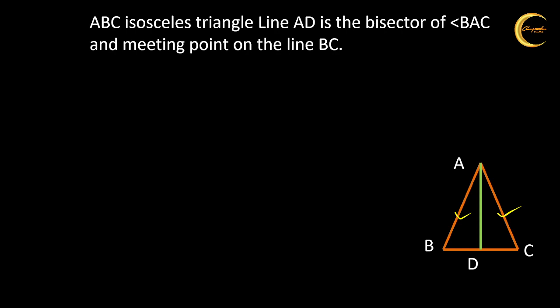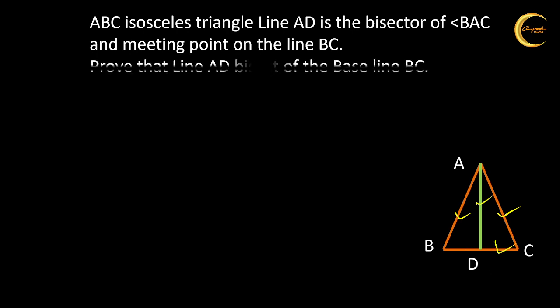Okay. And this AD line is the bisector of the angle BAC. Okay. And this D point is the meeting point on this BC line.